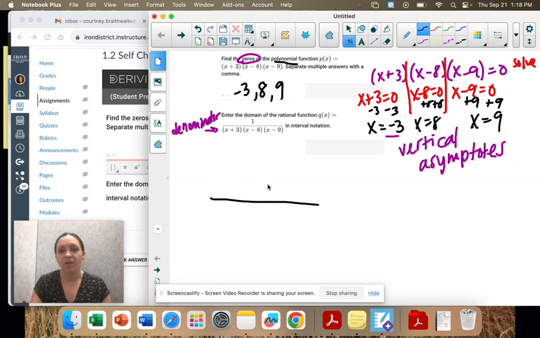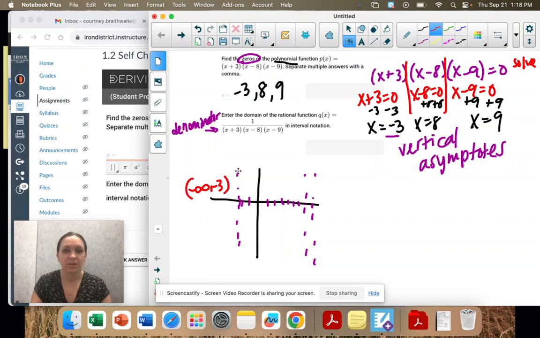So think of a graph. These values are x equals -3, 8, and 9. We want all values in between. So we're going to go -infinity to -3, pick up union at -3 to 8.